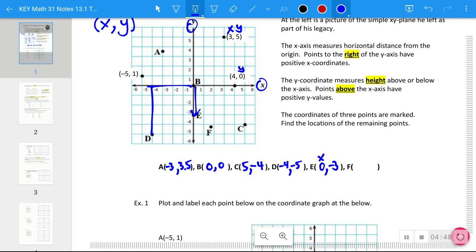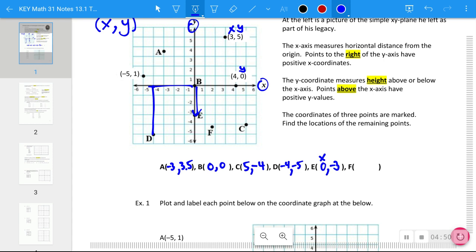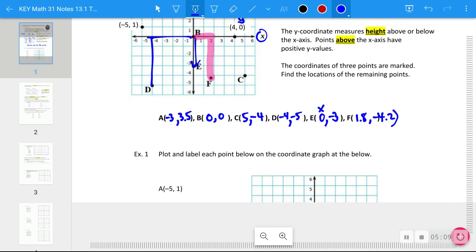We have to decide an estimate here. How far to the right would that be? Well, it looks like about 1.8 to the right, and I would guess about 4.1 or 4.2 down. So those are guesses, but we'll go with 1.8 and negative 4.2. Obviously, I didn't leave enough room there to put those coordinates.